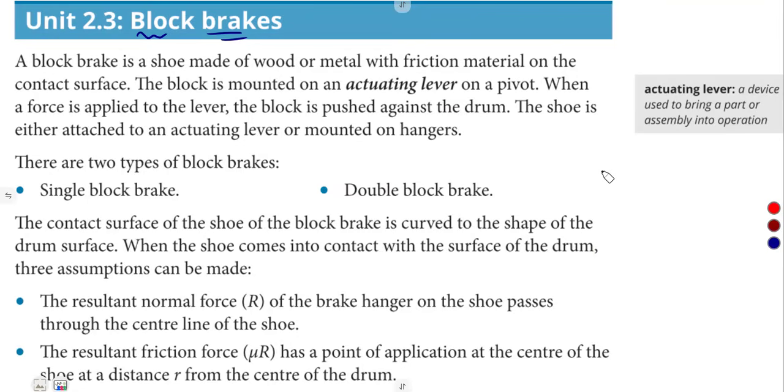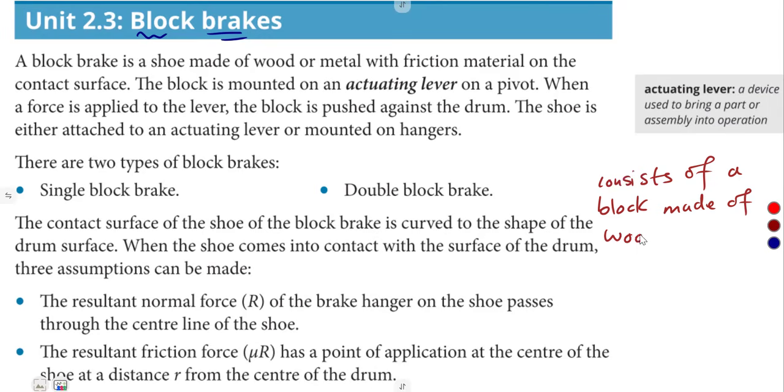When you consider a block brake, it consists of a block, right? It consists of a block which is made of what?